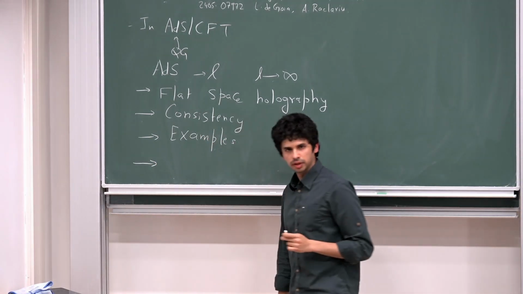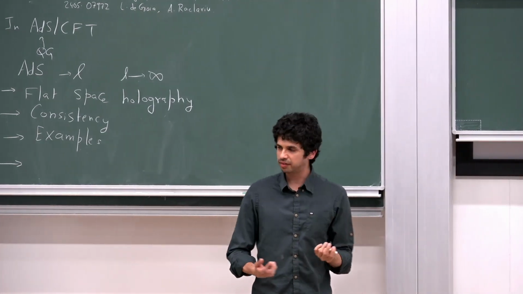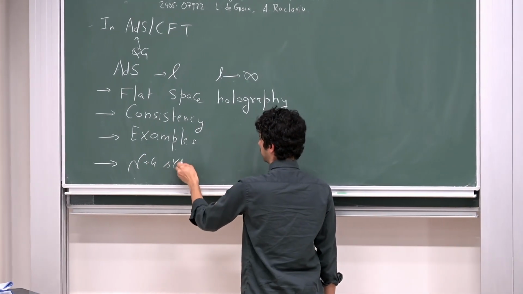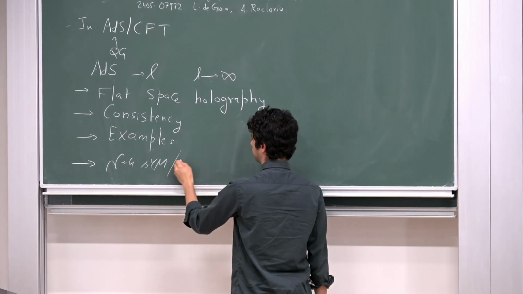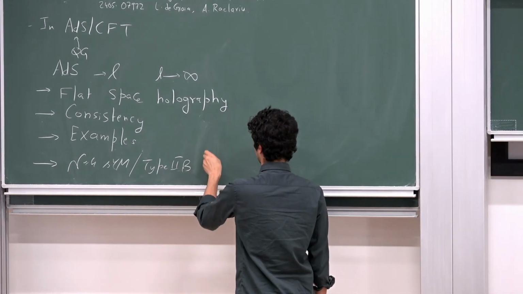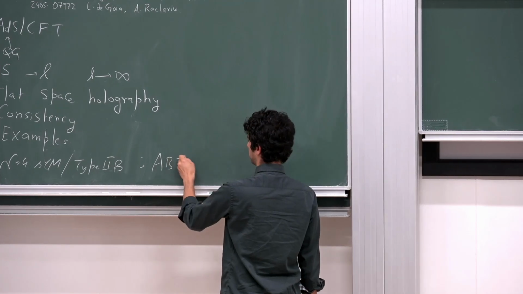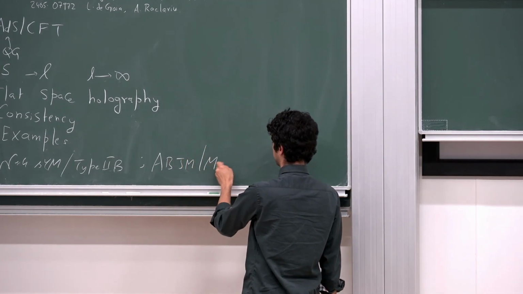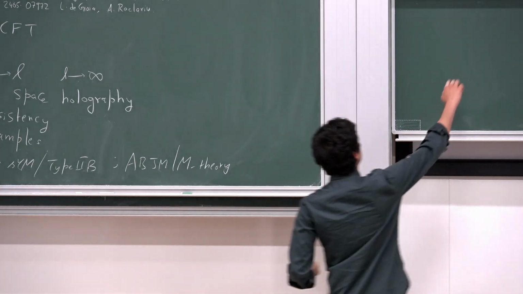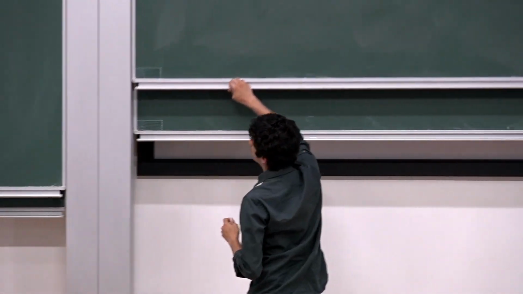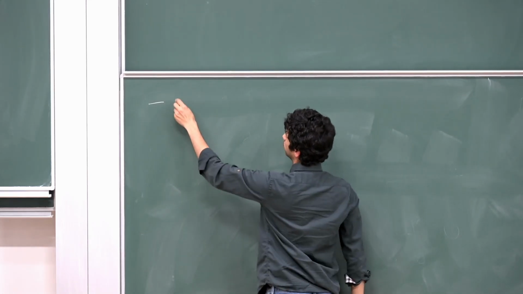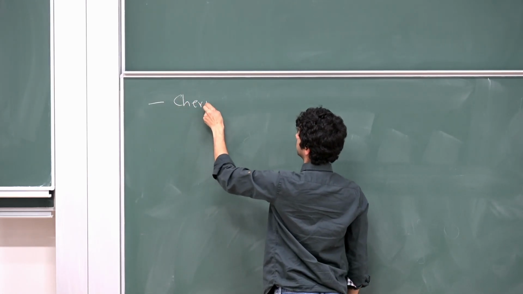And of course, we have well-known examples of AdS/CFT. This is either N=4 super Yang-Mills and type IIB, or ABJM and M theory. We also have Chern-Simons matter theories.